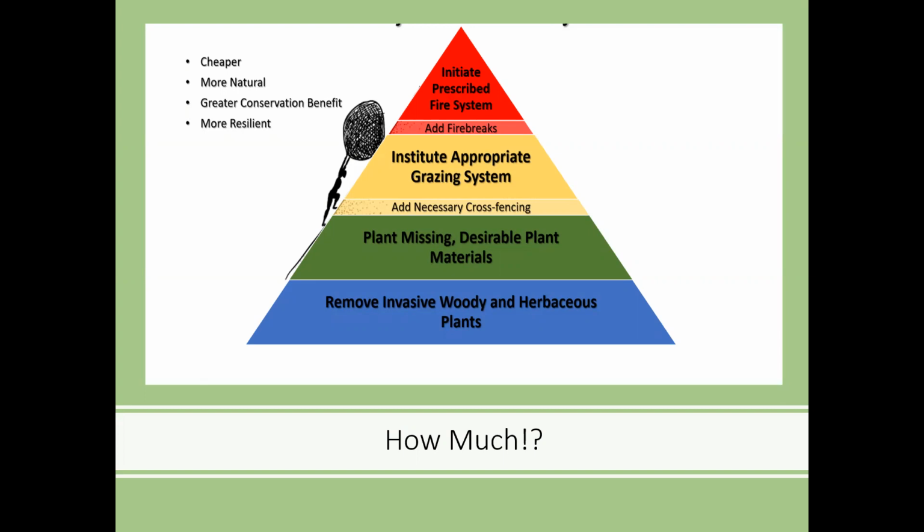These are corrective actions. These are things that we have to do in order to get you back on track after years of mismanagement or no management that are not compatible with the structure and status and diversity of a native prairie, and therefore not providing the required habitat characteristics for those various bird species. They should, however, be a one-time expense.